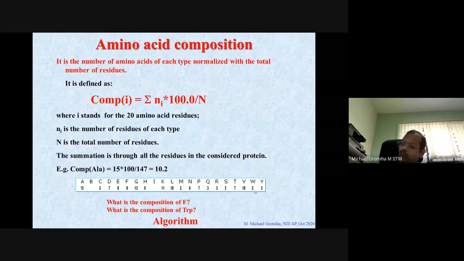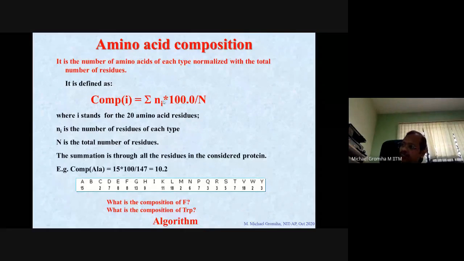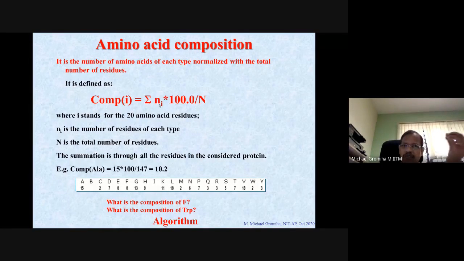So I define another term called composition. The composition we define as n of I, multiplied by 100, divided by n. There is no summation here. So for any residue I, get the occurrence, which is the number of times each residue occurs in the sequence, multiply by 100 and divide by n, where I stands for any residue and n is the number of residues.